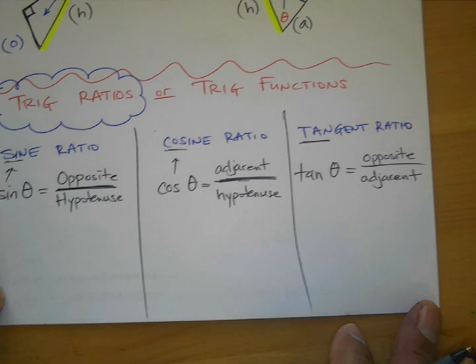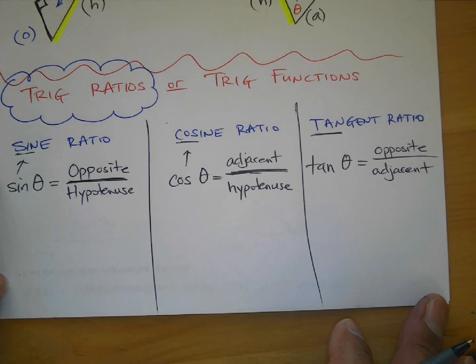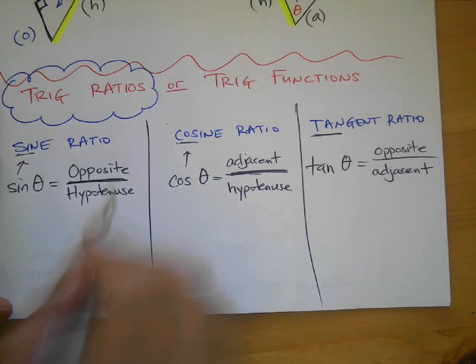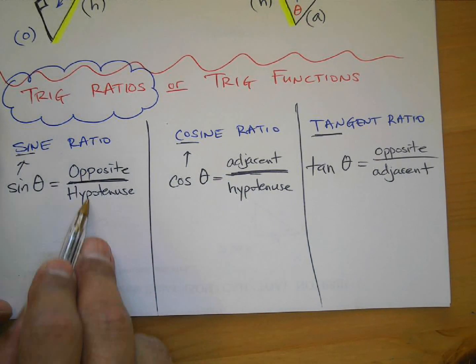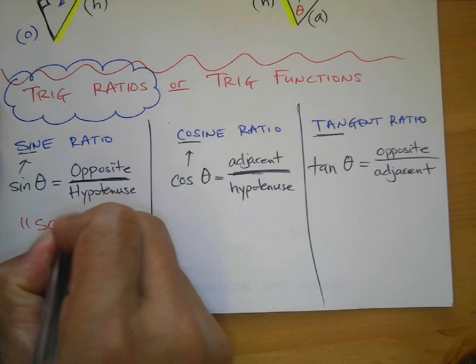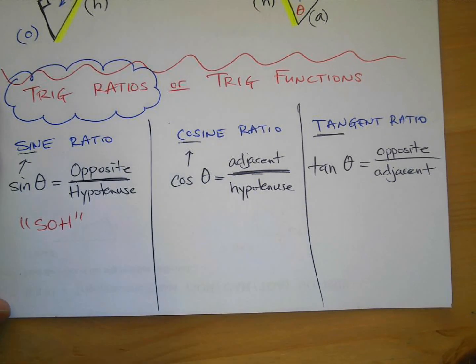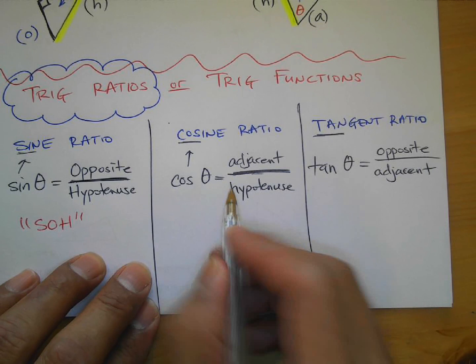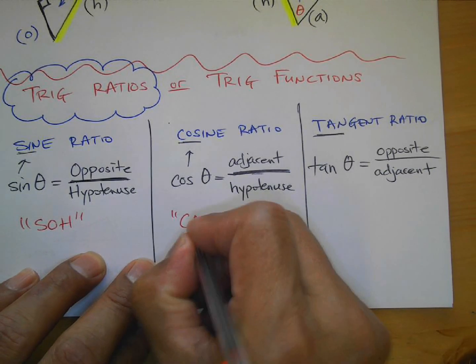How are you going to remember this? If you remember again, back from trigonometry, to remember the sine ratio, that it's opposite over hypotenuse, you're going to use SOH. And to remember cosine, that it's adjacent over hypotenuse, you're going to use CAH.